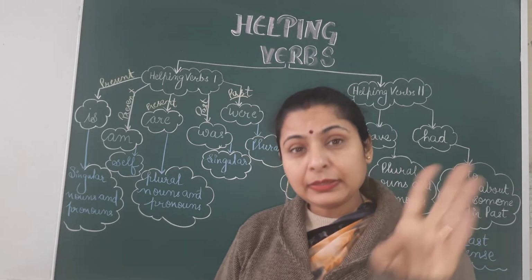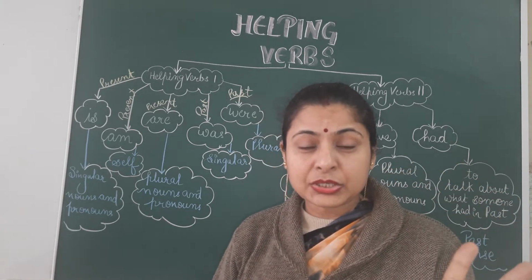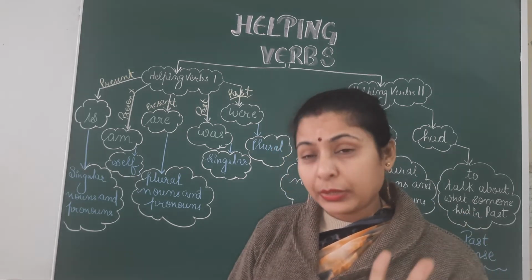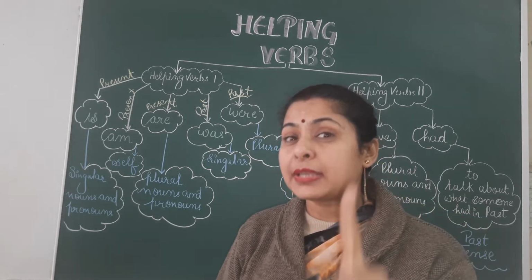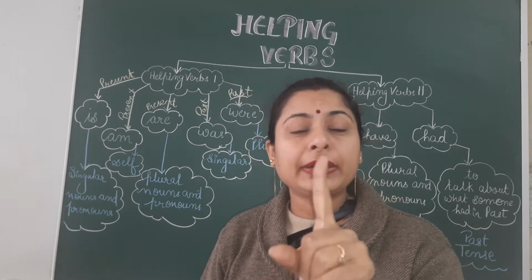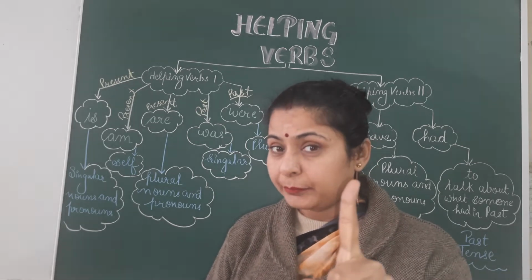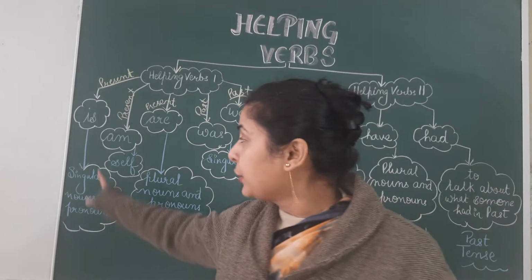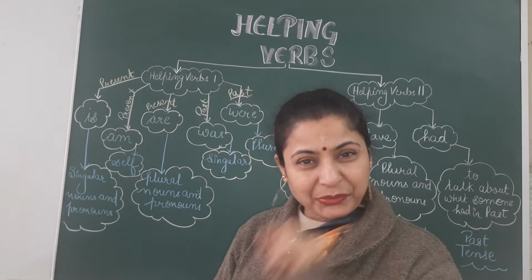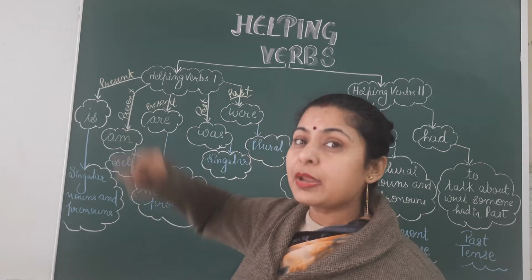For example, Neha, he, she, it, Ronit, Rohit, right? So if the subject is singular, the noun is singular or the pronoun is singular, it means when we will count it, it will be 1, right? There we will use is. So is 1, right?